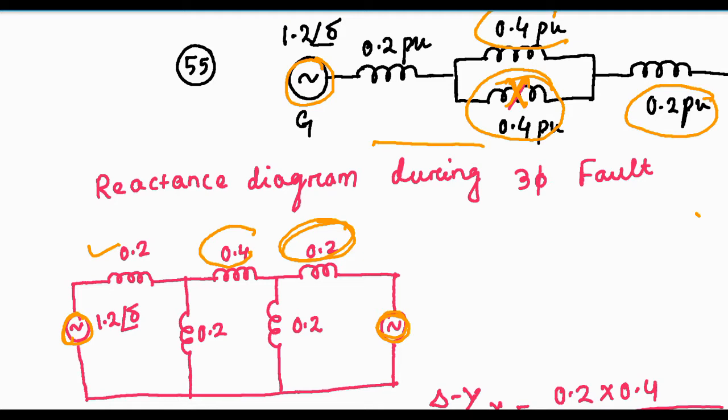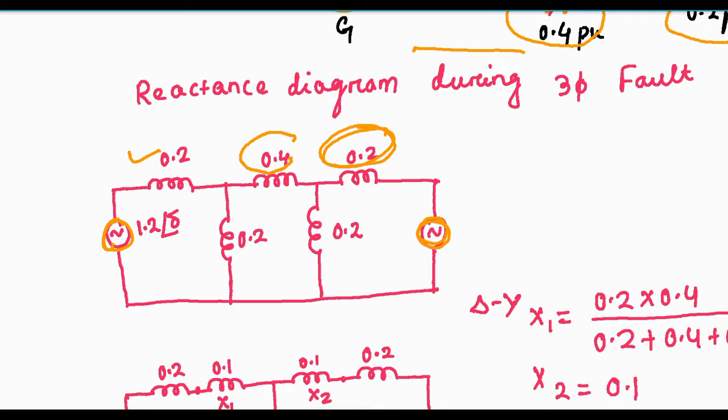At the middle it will be divided into two parts, and both will be connected in parallel. So here 0.2 will be here and 0.2 will be here. Totally this is 0.4 for the lower transmission line.